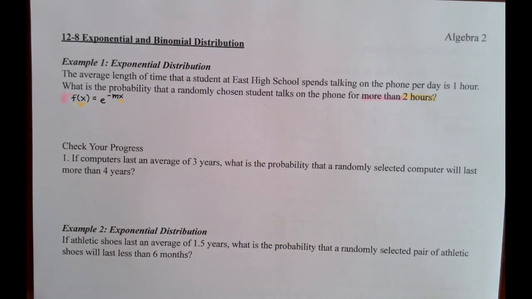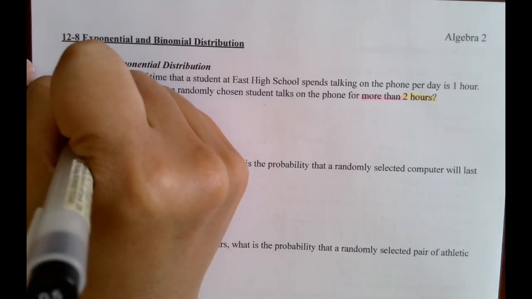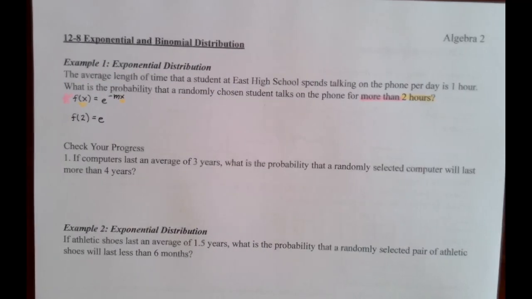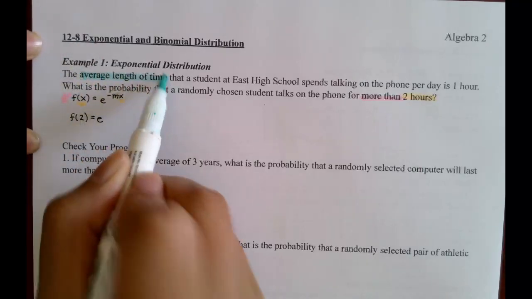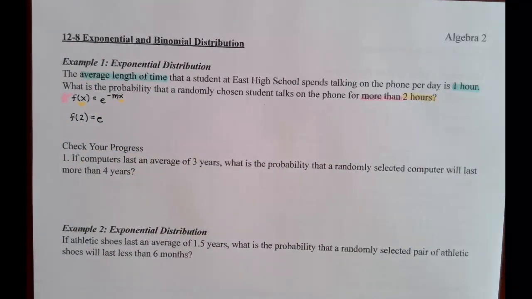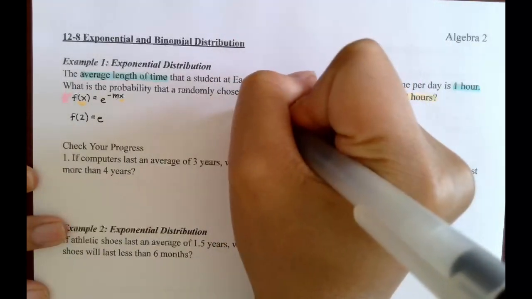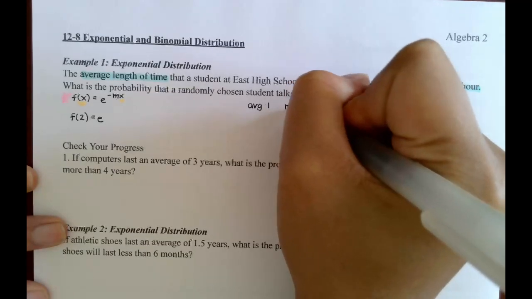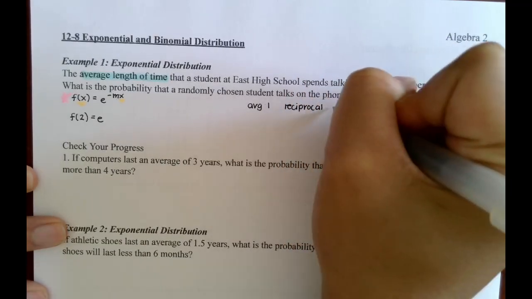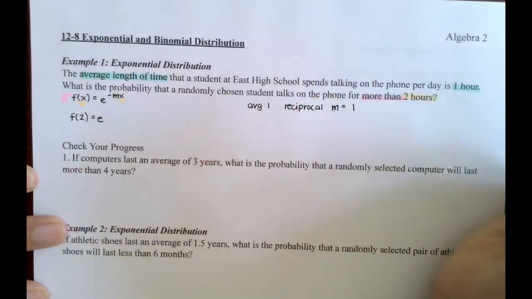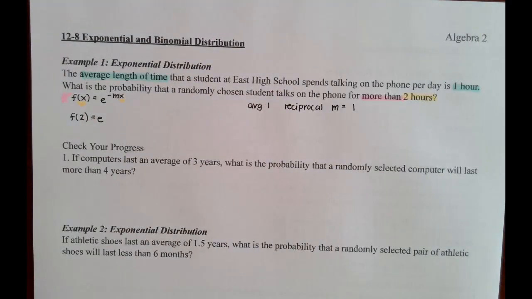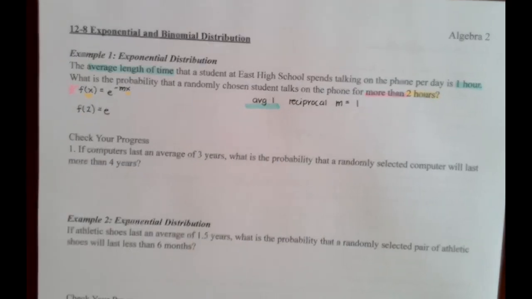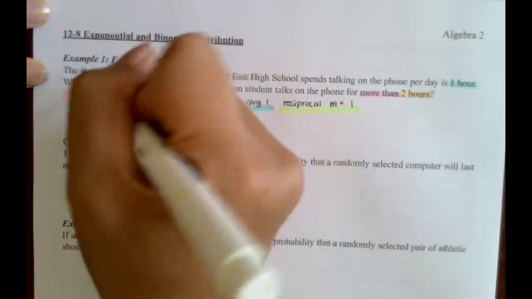So we're really finding f of 2. Then the average length of time is 1 hour. So if the average is 1, the multiplicative inverse, or the reciprocal, which is m, is just flip it, it's still going to be 1. So that's going to help me to plug it in. Average 1, and so the reciprocal, which is m equals 1, will be here.